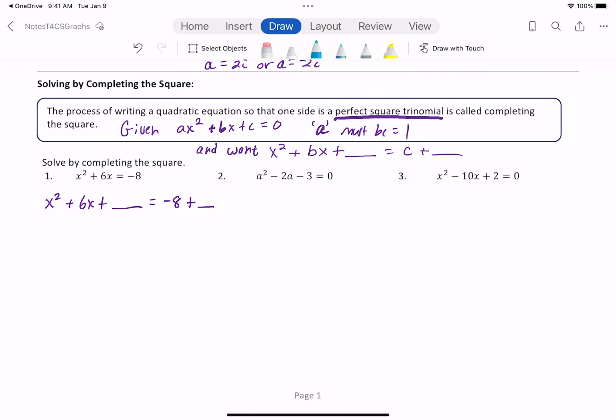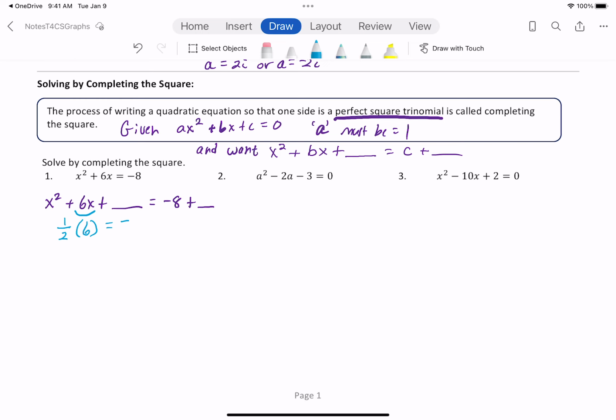The next step we're going to do is to complete the square, and that step is always the same for these. I'm going to be dealing with the linear term, and I'm always going to multiply 1/2 times the coefficient of that linear term, which in this case is 1/2 times 6. Now remember, half times 6 is the same thing as 6 divided by 2.